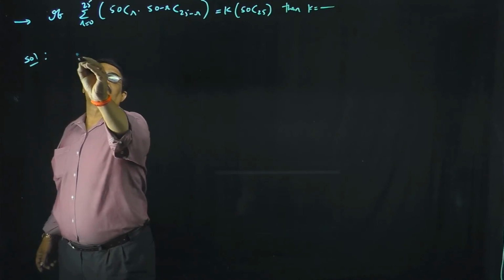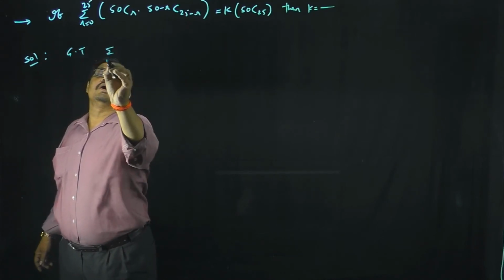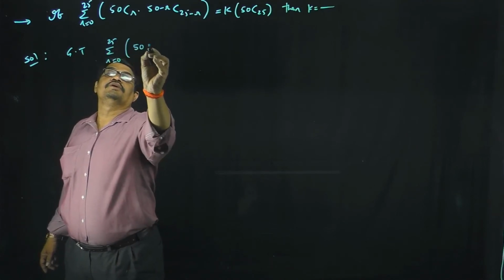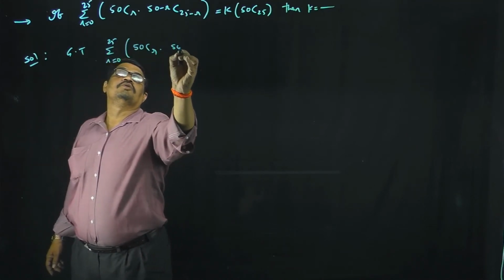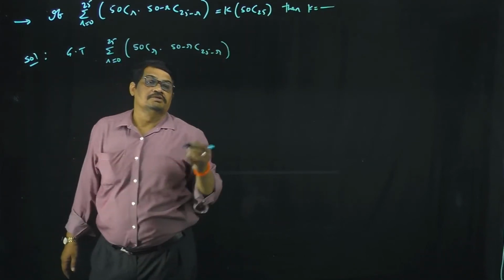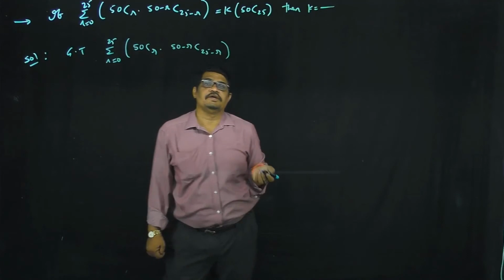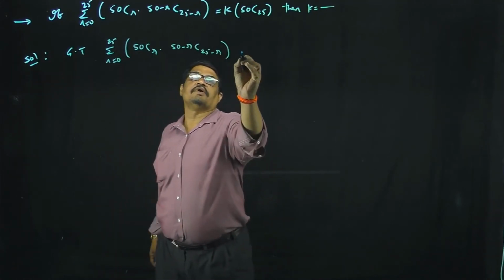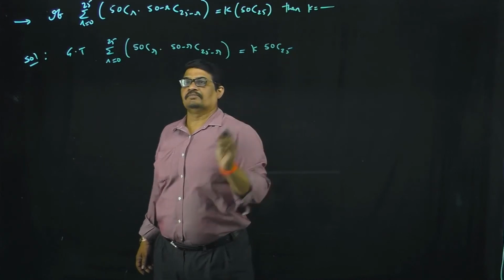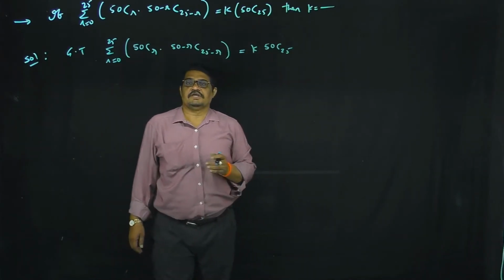Given that sigma R equals 0 to 25, 50 C R into 50 minus R C 25 minus R is K into 50 C 25. That is the given expression.